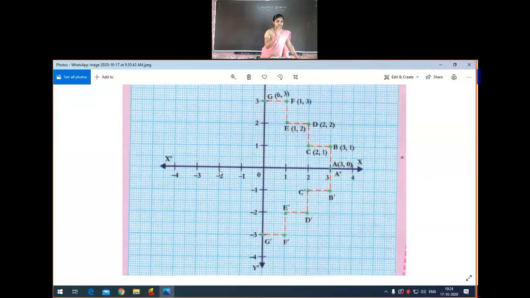How did you get it? First we have to prepare the Cartesian plane. So on the x axis, the positive side is mentioned as x and the negative side is x dash, and in the top direction this is y, and the negative side is y dash. For every graph we have to prepare this basic Cartesian plane, then we have to mark the points. If it is a linear equation in two variables, then when we join the obtained points, we'll get a straight line.